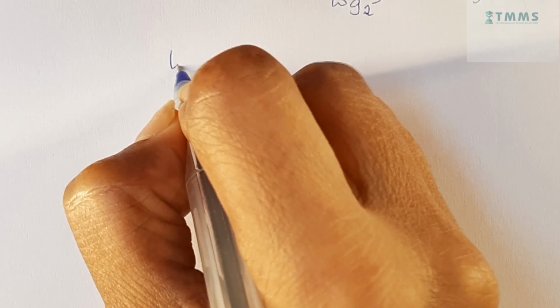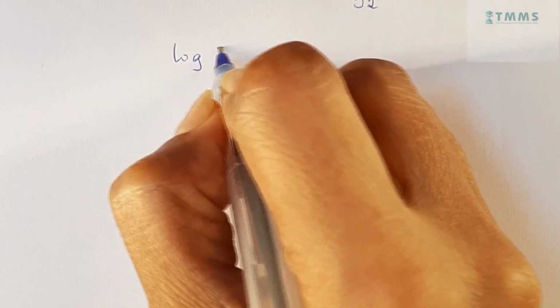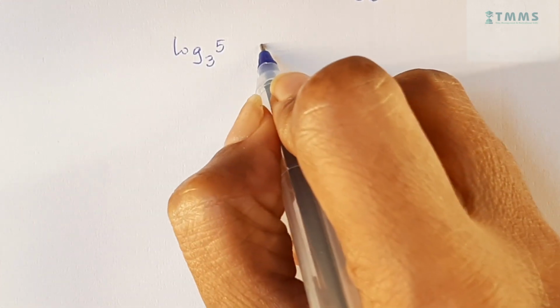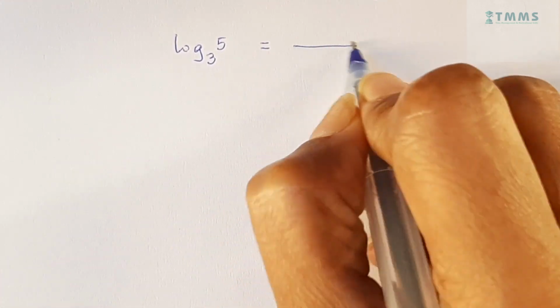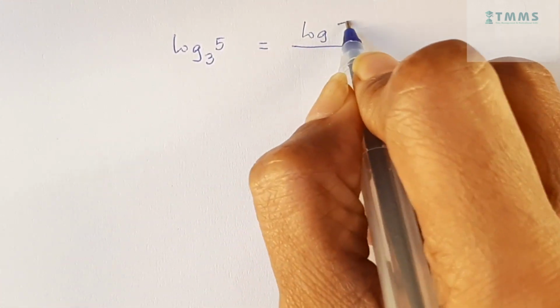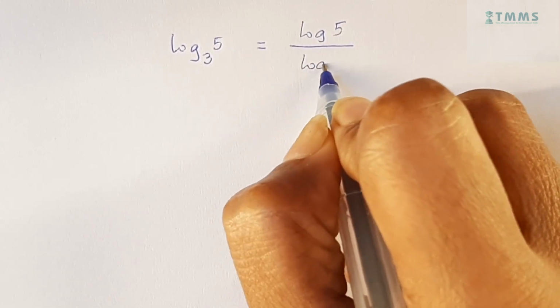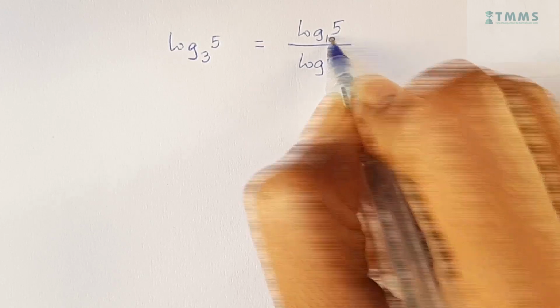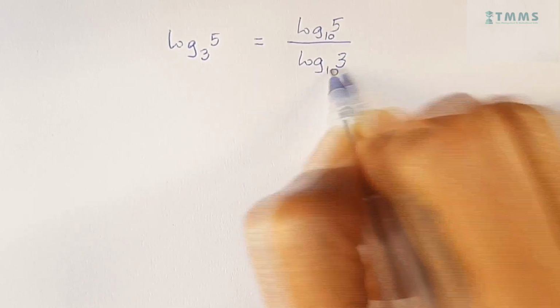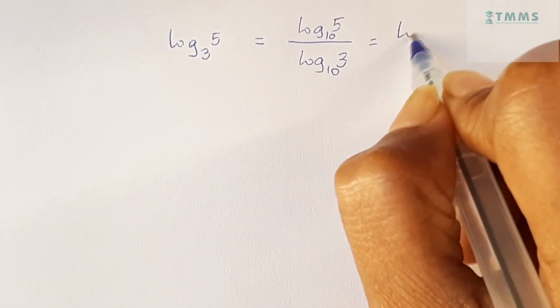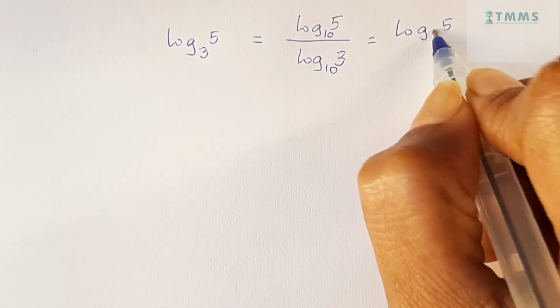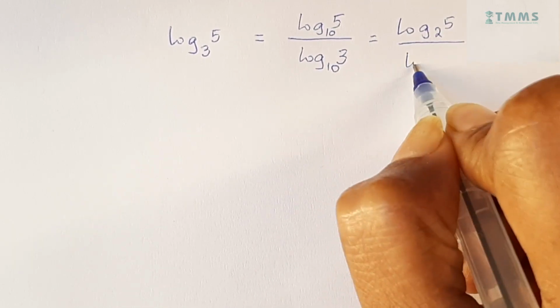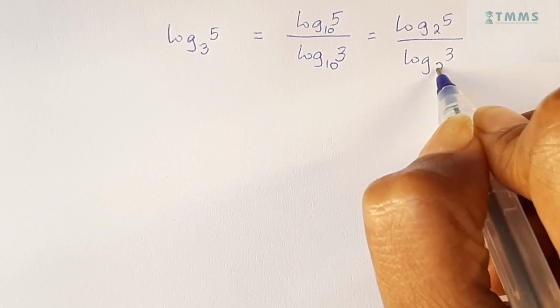Let us take log 5 to the base 3. Now I want to write it in terms of log of 5 and log of 3. Now this will be log 5 to the base 10 upon log 3 to the base 10, or it would be log 5 to the base 2 upon log 3 to the base 2.